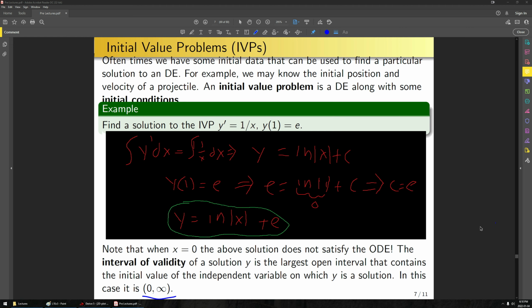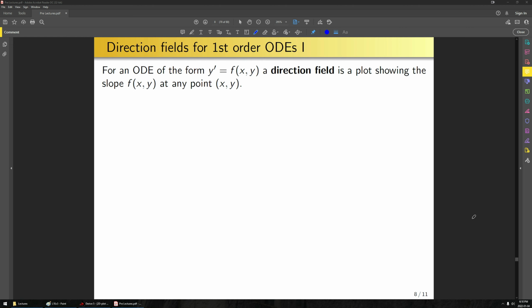Okay, let's change topics. For an ODE of this form, a first order ODE where the right-hand side is just some arbitrary function of x and y, and the left-hand side is just y prime, a direction field is a plot showing the slope f of x comma y at any point x comma y.